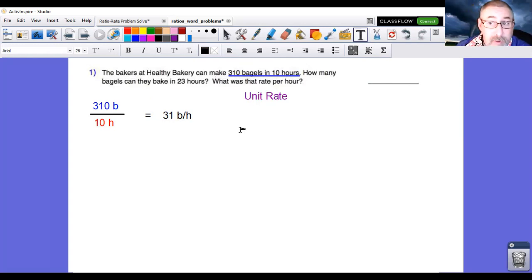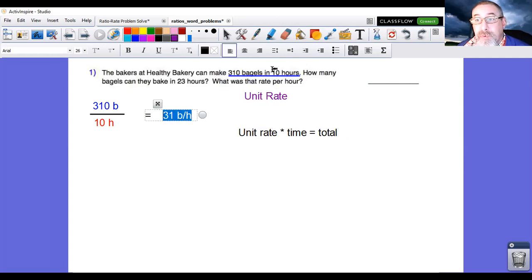So now the next part of the question wants to know how many can they make in 23 hours. So if this 31 bagels per hour is our unit rate, then we're simply going to take our unit rate and multiply it by our time, and we'll get our total that we're looking for. Let me color code these for you guys.